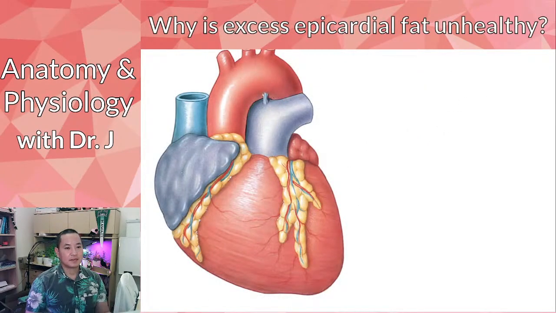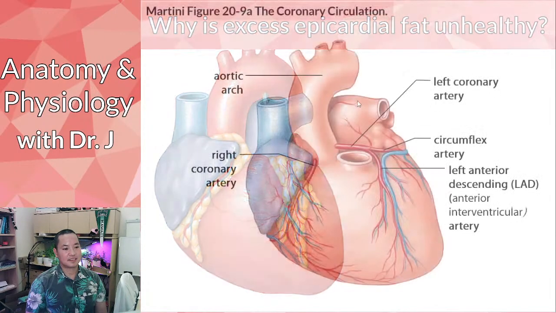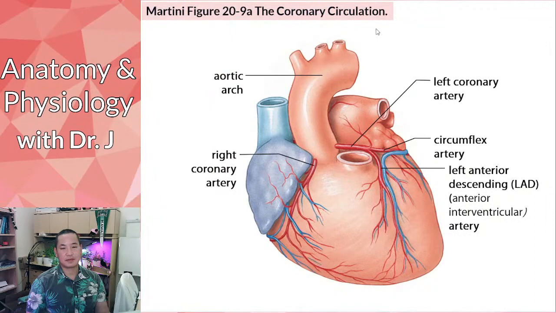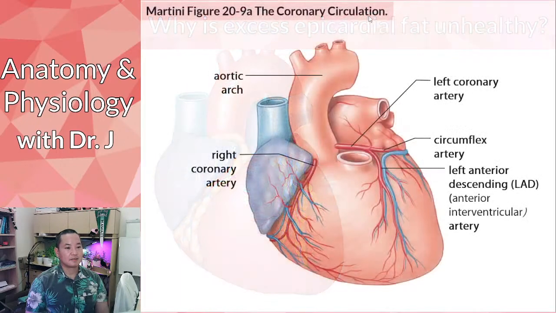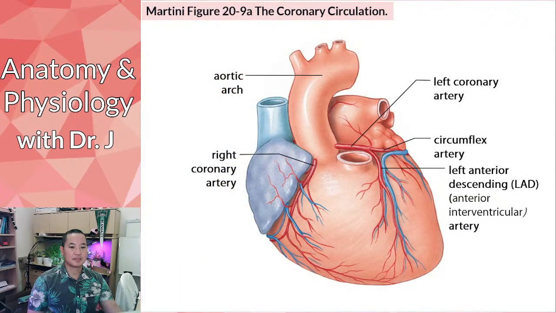Now, why might it be unhealthy to have excess epicardial fat? You might be like, okay, if it's cushioning, then why might it not be a good thing to accumulate too much fat along these parts right here? Well, now we have to talk about more anatomy, the anatomy of all those vessels.